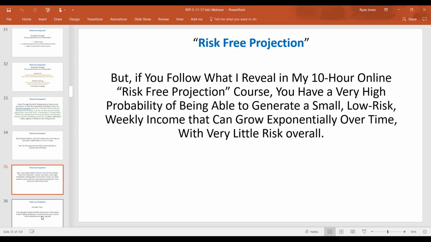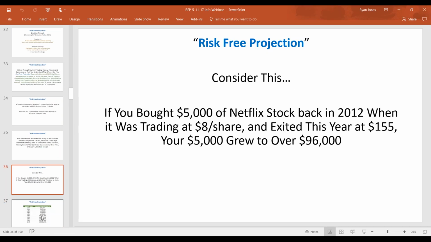Nonetheless, if you follow what I show you in that 10-hour course, you have a very high probability of being able to generate a small, low risk, and that's the key, weekly income that can grow exponentially over time through the money management with very little risk overall. So very little starting risk overall. So it's kind of the best of both worlds. You have low risk and you have the ability to compound it.